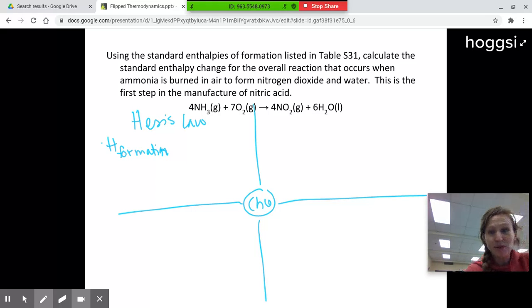What else? Calorimetry. Amen. For sure. What else?